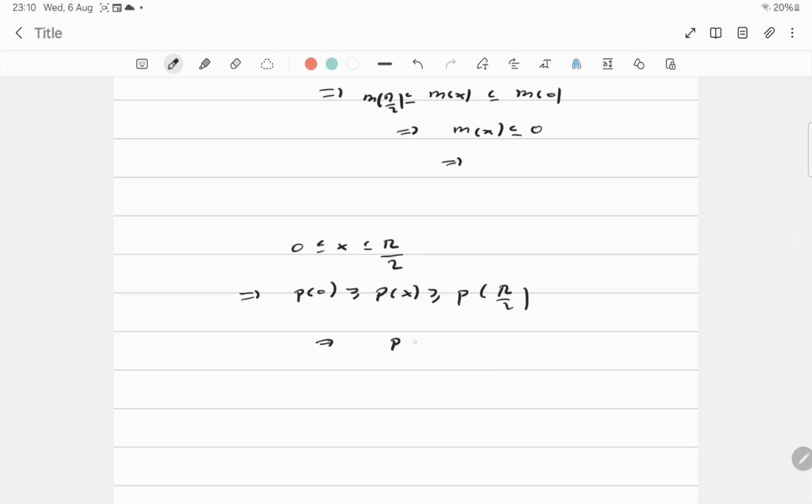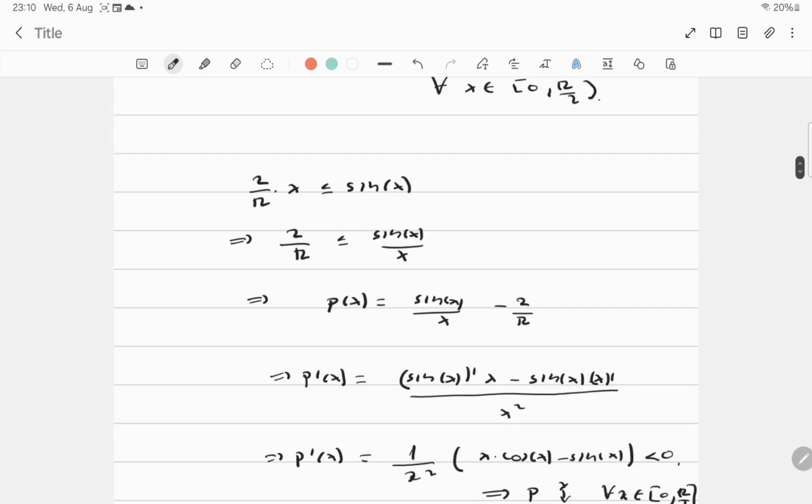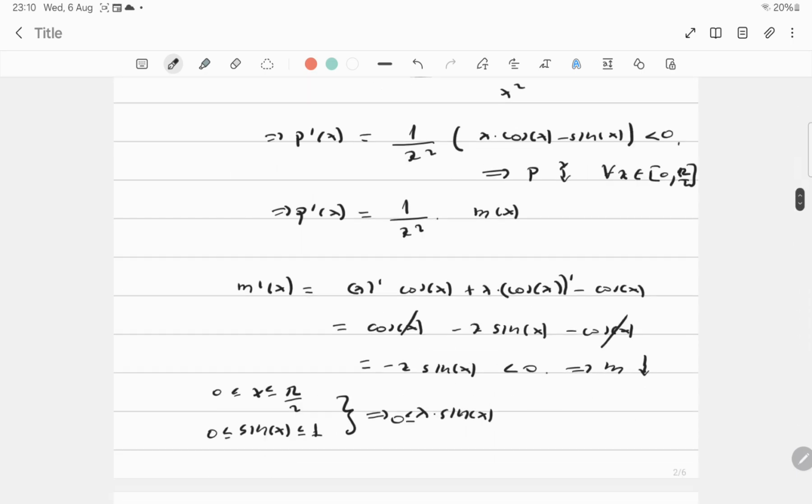So my p of x is greater than or equal to p of pi over 2. P of pi over 2 is 2 over pi.